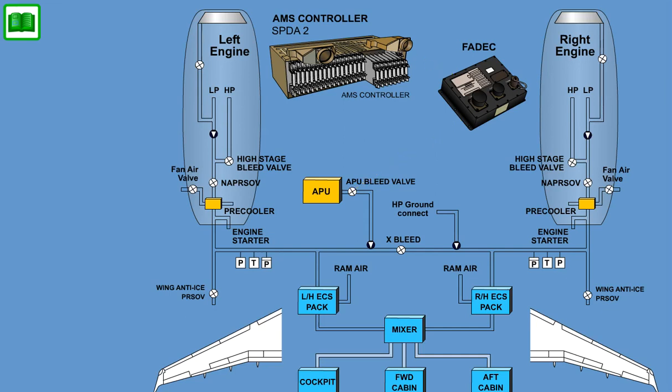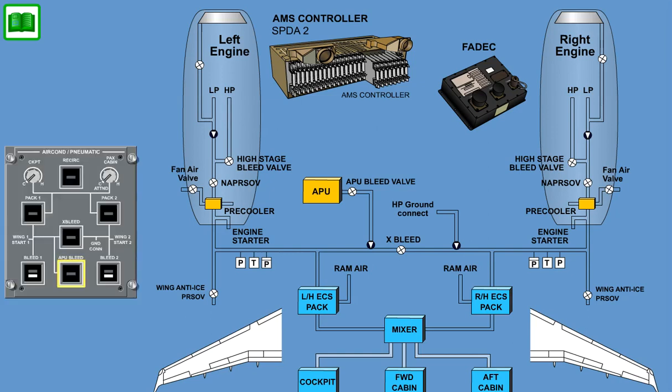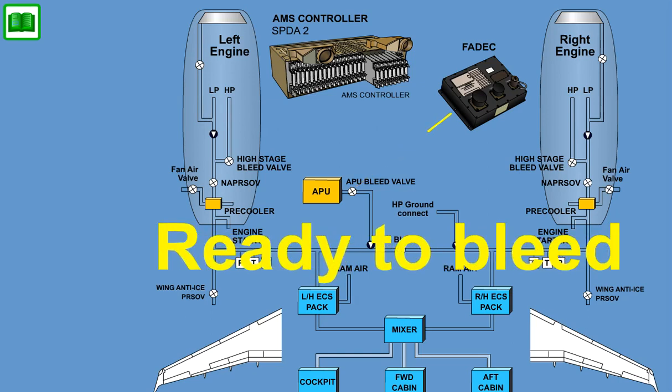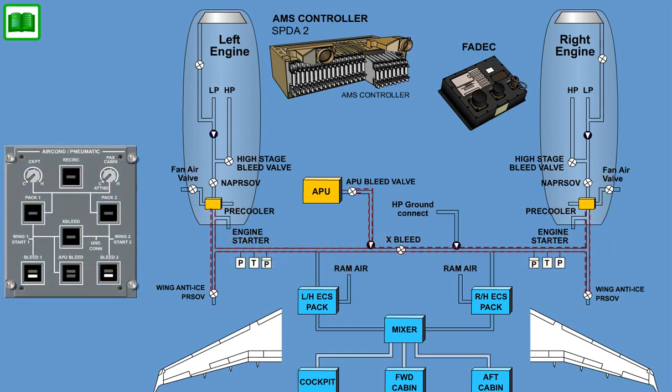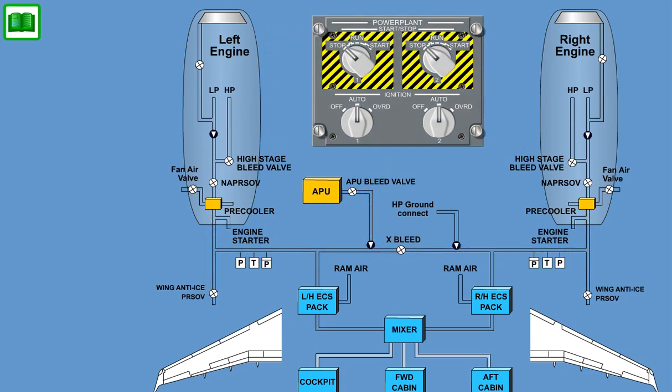The APU bleed is commanded on if control panel APU switch is on, and the APU ready to bleed, RTB, signal is true, and no left bleed duct leak, and left bleed system is not enabled, and left flow demand is true, or right flow demand is true, and right bleed system is not enabled, or right engine status is start, or left engine status is start.